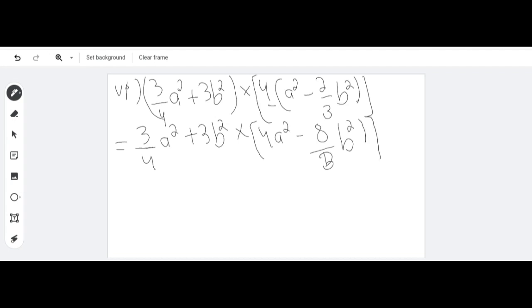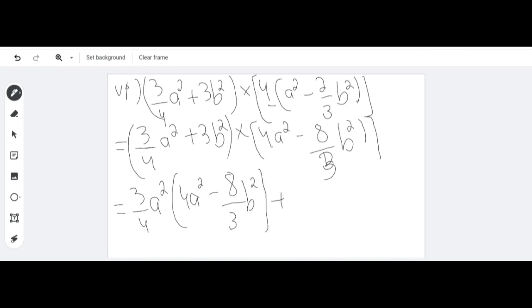Okay, ma'am. Now I can solve this. Now I can open the one term and multiply with each other. This is the first term, this is the second term. So I will write it down here: 3 by 4 a square, into 4a square minus 8 by 3 b square, close.